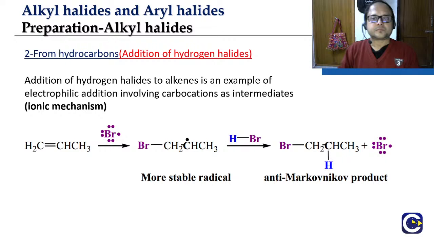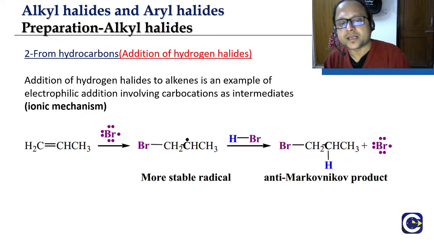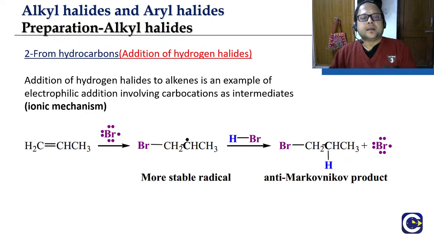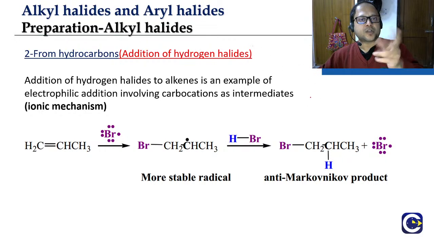So next we talk about the same thing, but in presence of peroxides. This whole thing is in presence of peroxides, right? So basically we have got two scenarios here.